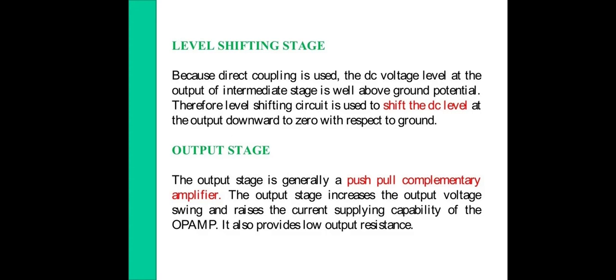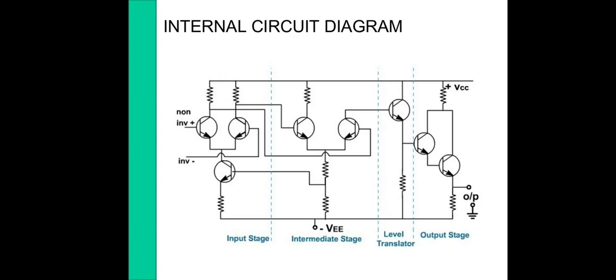Output stage. The output stage is generally a push-pull complementary amplifier. The output stage increases the current supply capability of the op amp to provide low output resistance.